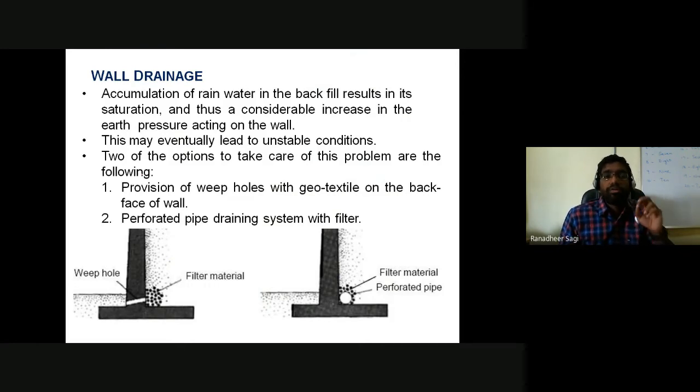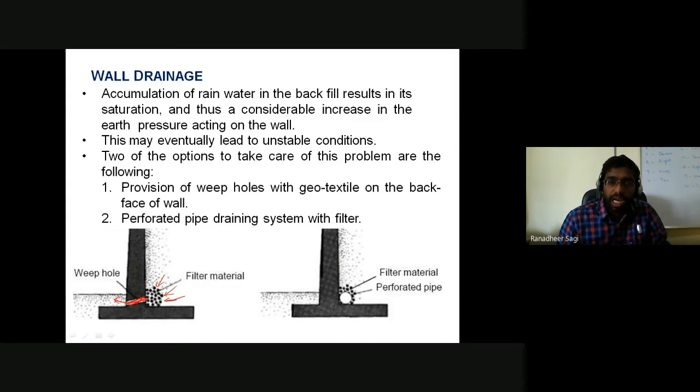In order to minimize the effect of the excess pore water pressures, and to ensure that the instability of the retaining wall does not come into the picture, we provide a proper drainage condition with a proper filtration medium on the other side of the retaining wall towards the higher elevated side, so that the excess pore water pressure developed in the soil dissipates, water gets easily drained into that filter medium, and from that filter medium through a weep hole, the water can easily get drained out onto the other side of the retaining wall.